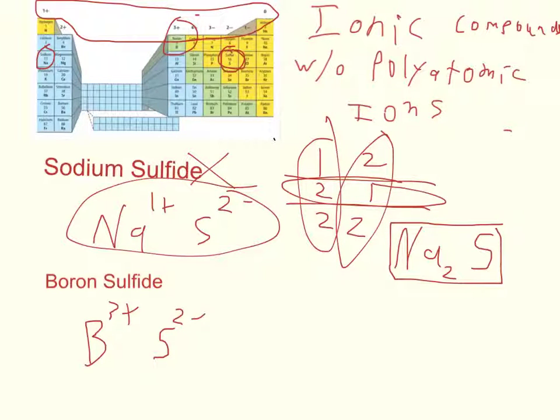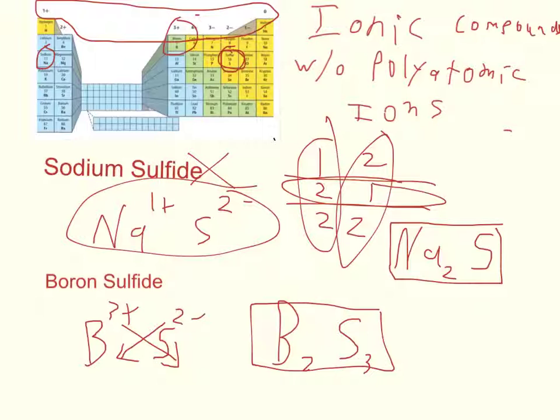It's a lot faster and easier. There's only one time that it can't work, and I'll tell you that after I do this. It's very easy. All you have to do is move the numbers across like that with the little arrows. So the final answer would be B2S3.